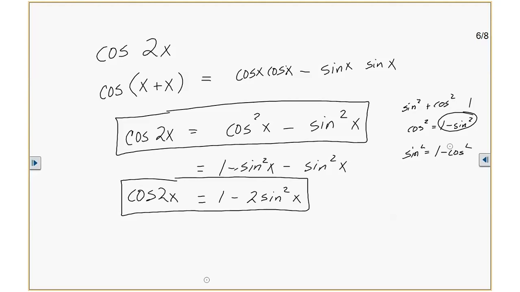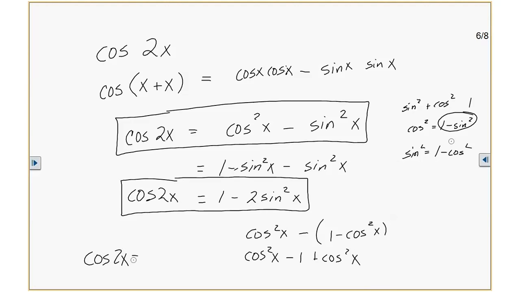So that's going to give you, instead of sine squared, you're going to put 1 minus cosine squared in there, and that's going to be cosine squared x minus parentheses 1 minus cosine squared x, and then that's going to be cosine squared x minus 1 plus cosine squared x.